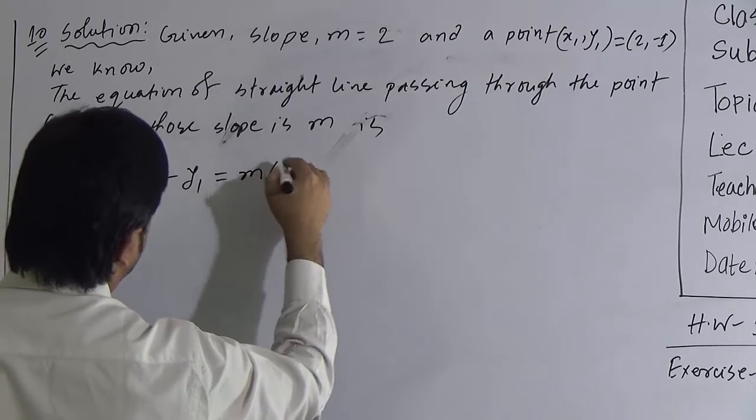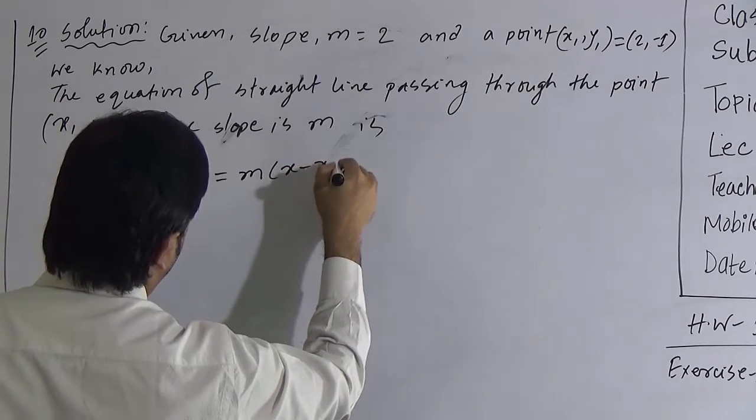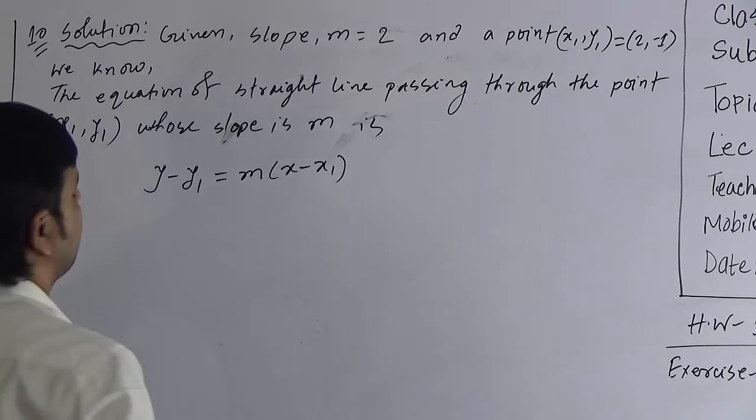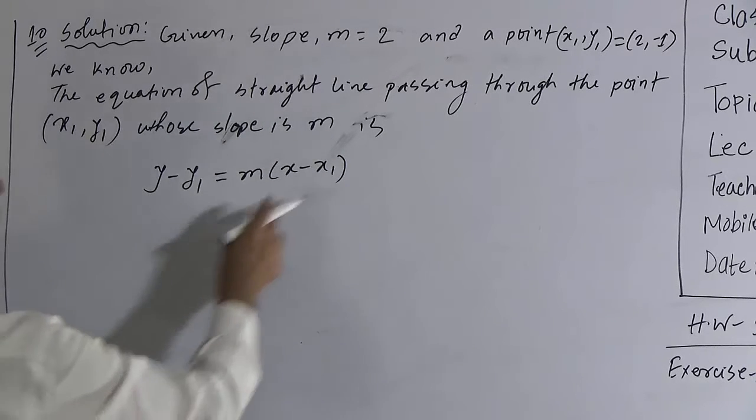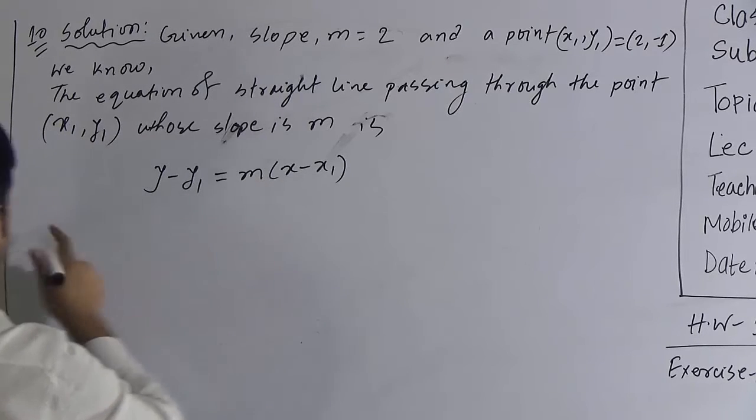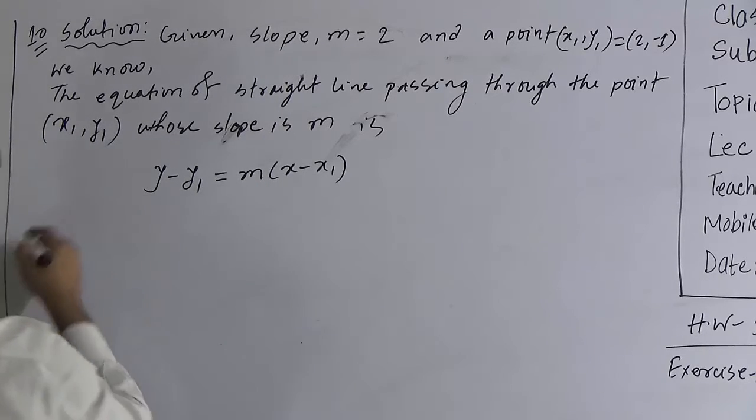So we can write here, this is the formula for determining the required equation of the straight line. Here x1 and y1 are given, m is also given, so we can determine the required equation of straight line.